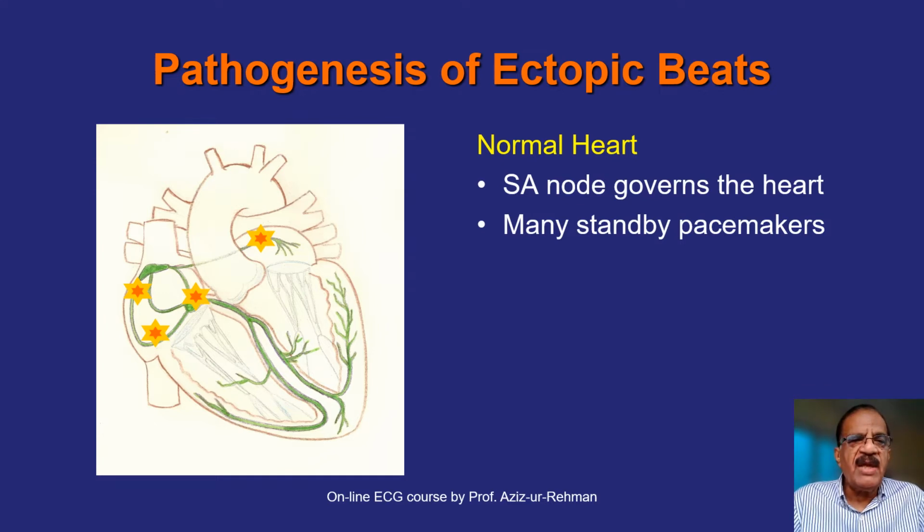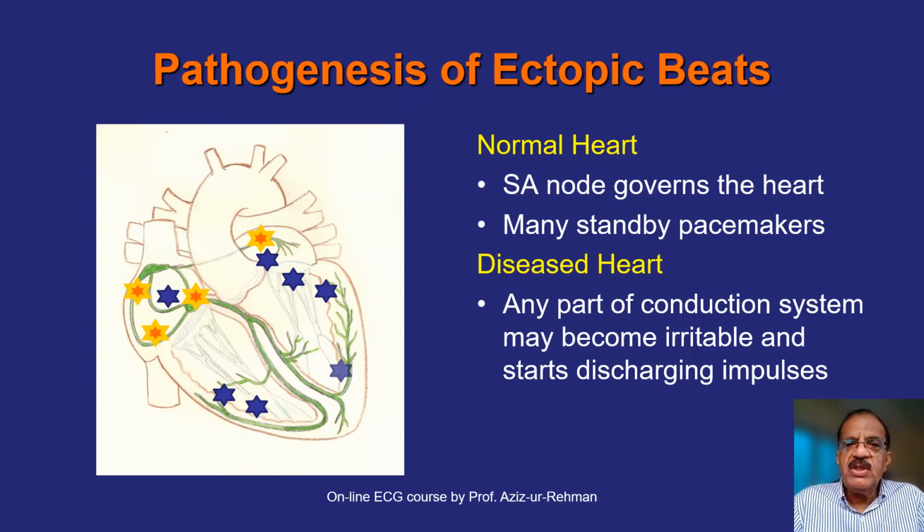If the SA node fails, the second in command is the AV node, or you could have some other potential ectopic rhythm pacemakers in the conduction system, usually in the atrium.